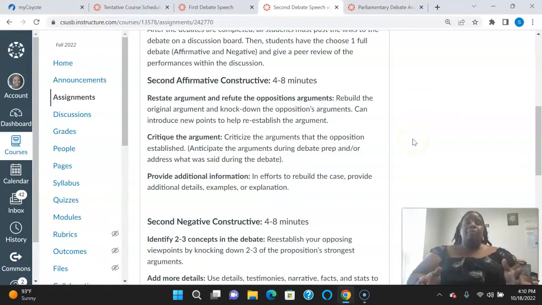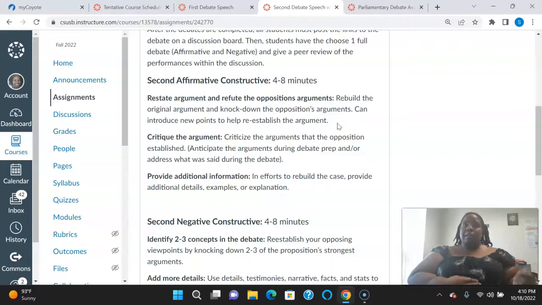So in our example, we are affirming that college students should get their student loans forgiven. So you're going to continue that conversation. You can either restate the argument, and because you have the opportunity to listen to your opponent's arguments, you can respond.